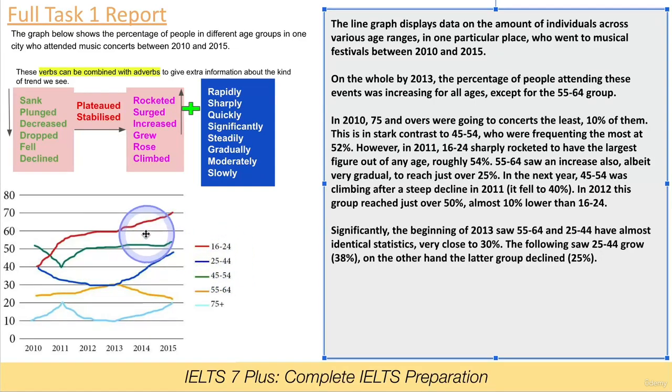Let's talk about some other groups. 75 plus also saw a rise, like 25 to 44, reaching about 14%.